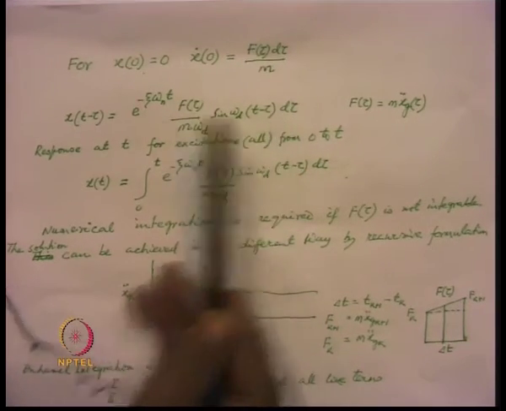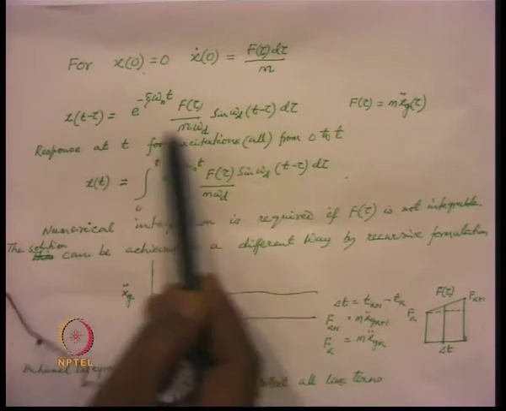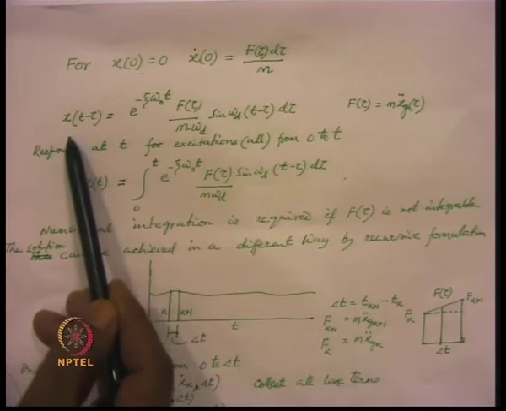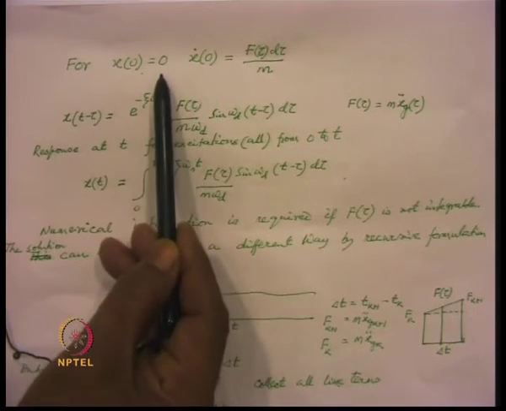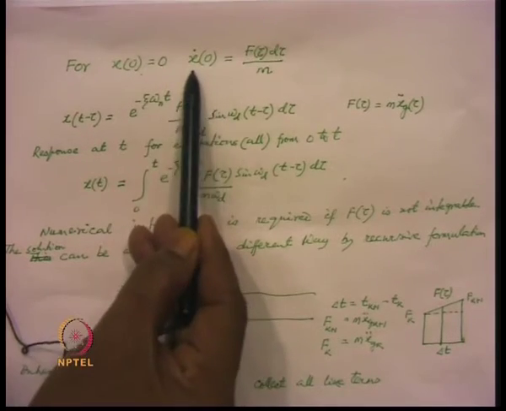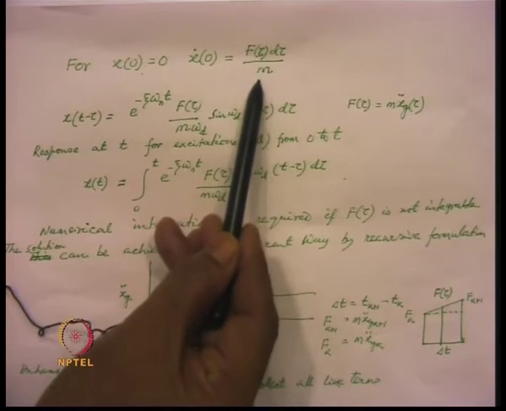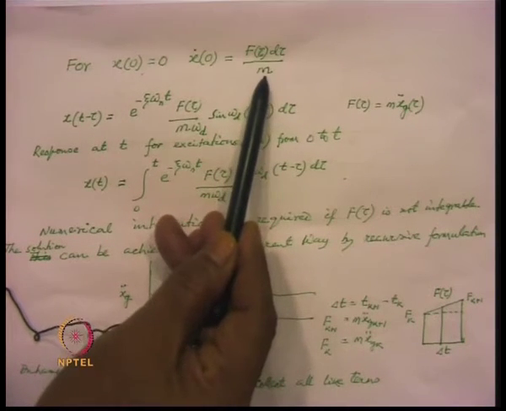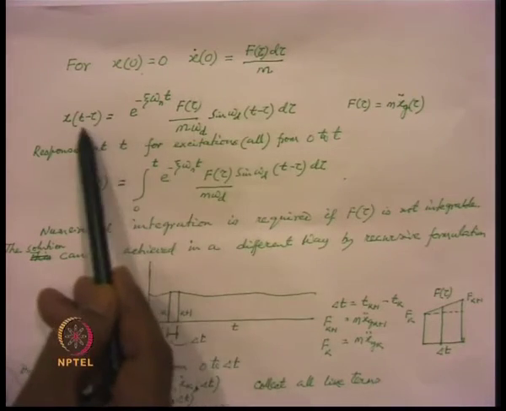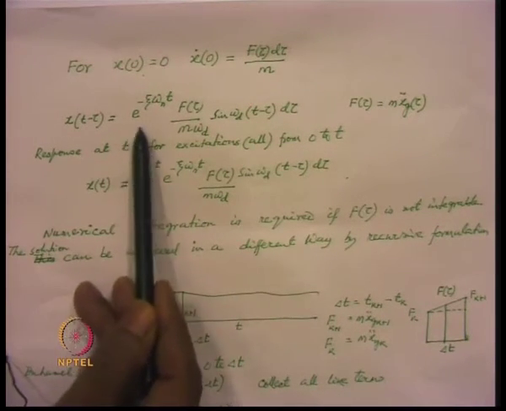This equation is valid for 0 displacement at the initial stage and a velocity equal to f tau d tau divided by m. This is a standard equation for damped free oscillation.